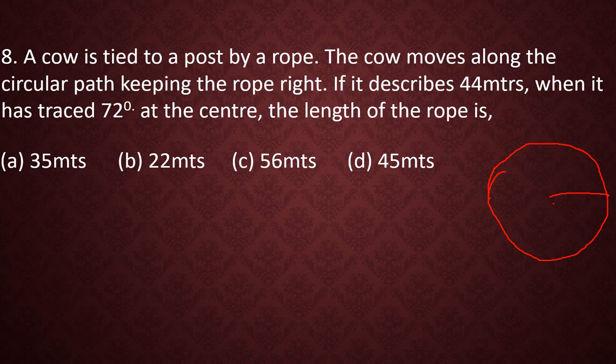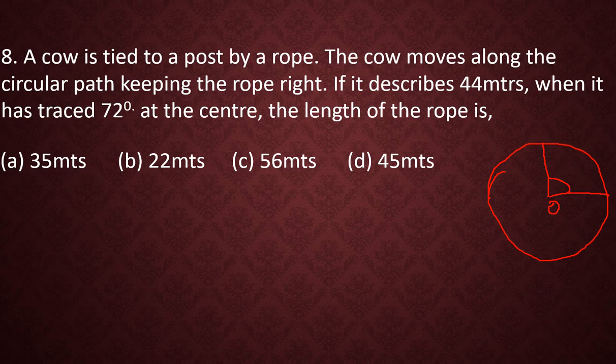This is the center. If I take center as O. If it describes 44 meter when it traces 72 degree, from this line, if I trace 72 degree, till here I can trace. So I'll draw here.